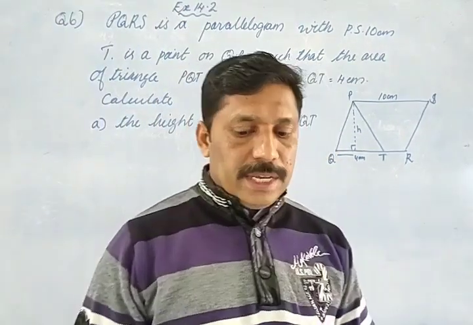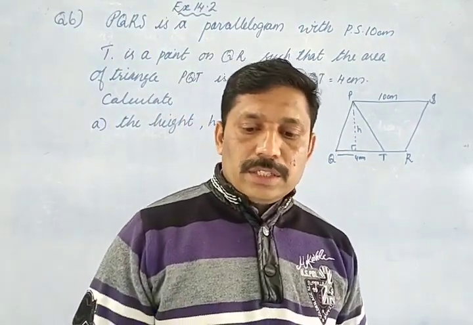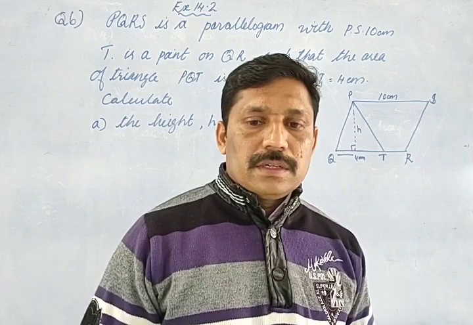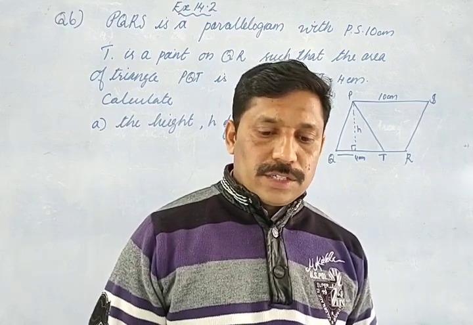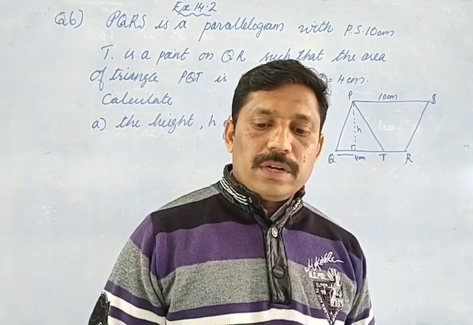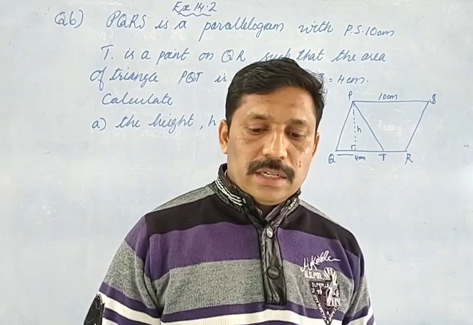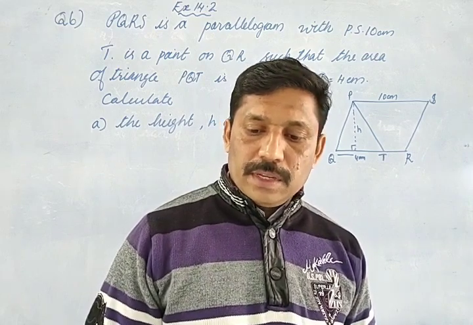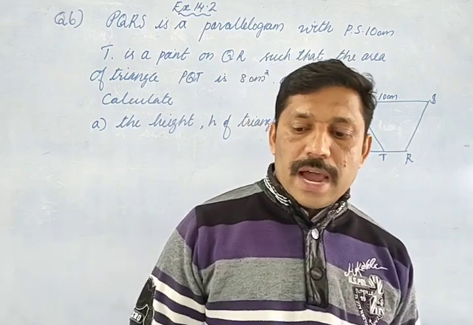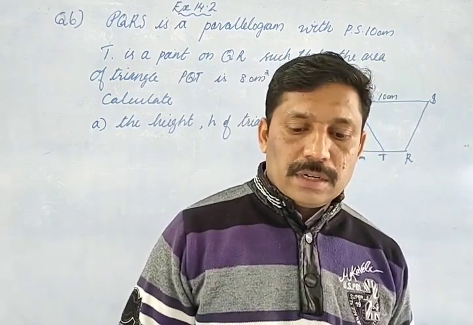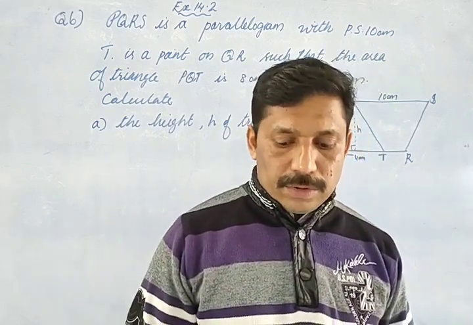PQRS is a parallelogram with PS 10 centimeter. T is a point on QR such that the area of the triangle PQT is 8 centimeter square and QT is 4 centimeter. Calculate the height of the triangle PQT.